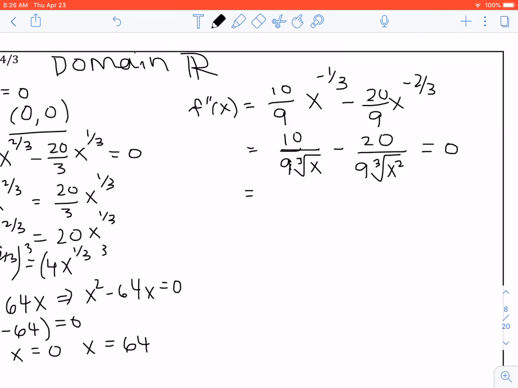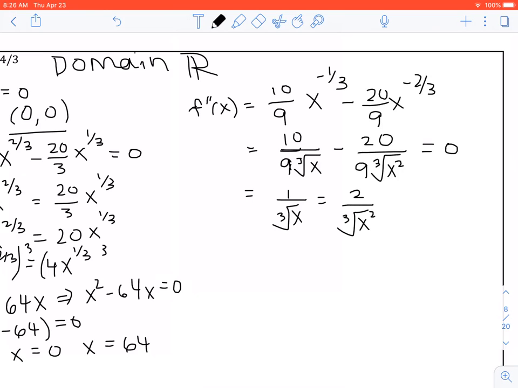I can multiply both sides through by 9 and also divide by 10. And then I'll move one of those terms over to the other side. And when I do that, I get 1 over the cube root of x is equal to 2 over the cube root of x squared.